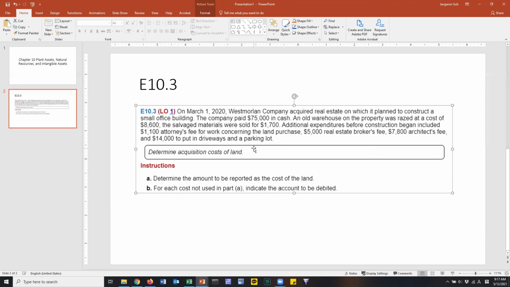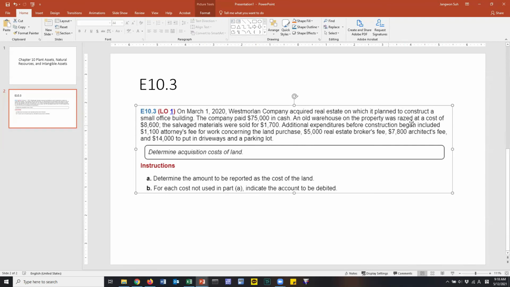Yes, land improvements, and they depreciate, unlike the land. So they are different from land and should be separately identified, included in land improvements.